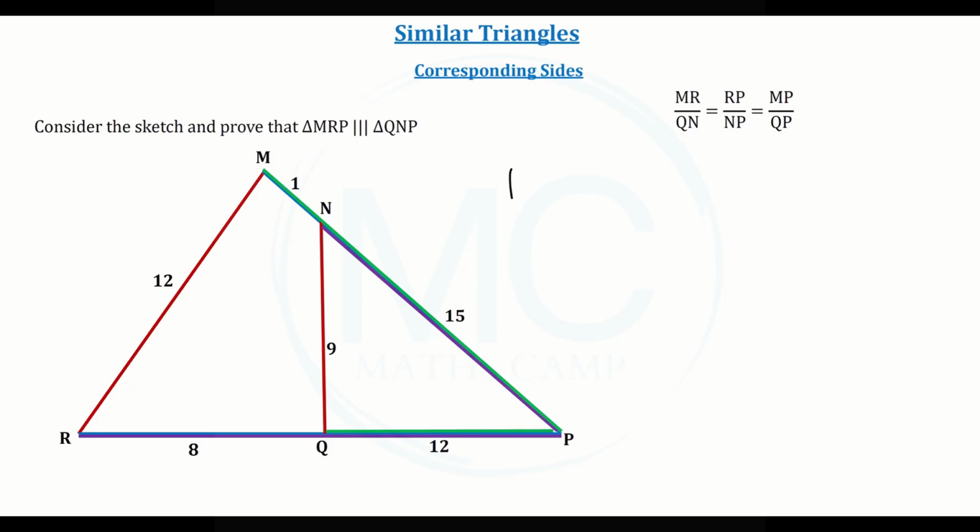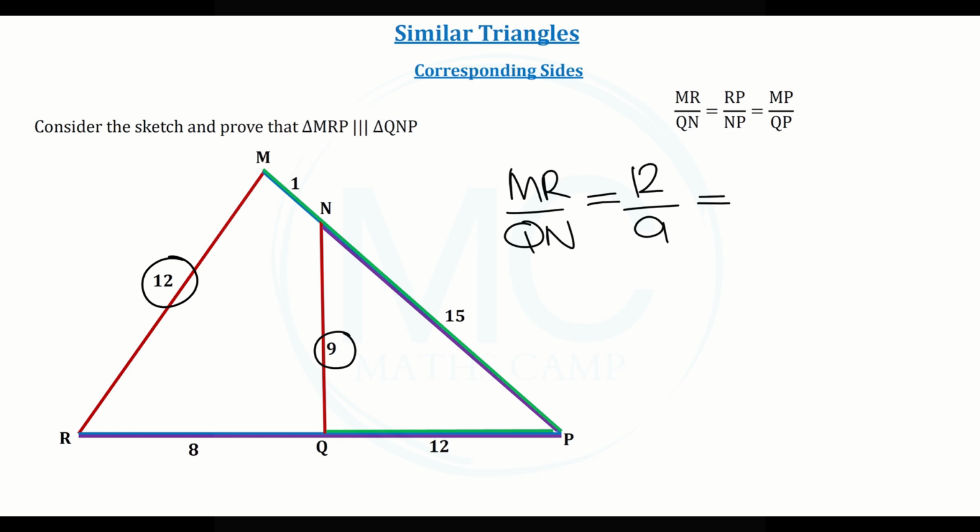So we can say MR over QN is equal to, MR is 12 units long, so we can say 12, over QN, which is 9. 12 and 9 are both divisible by 3. 12 divided by 3 gives us 4, over 9 divided by 3, which is 3.